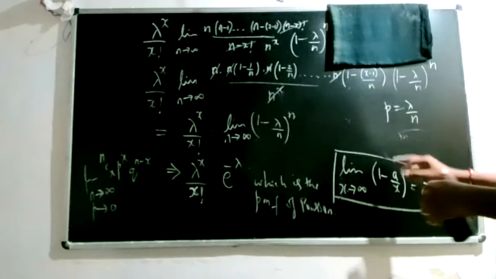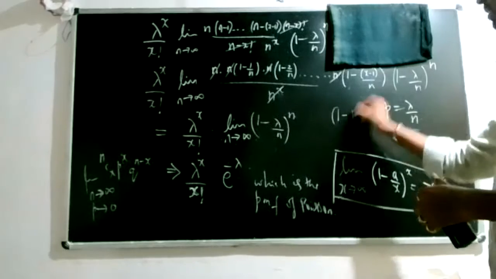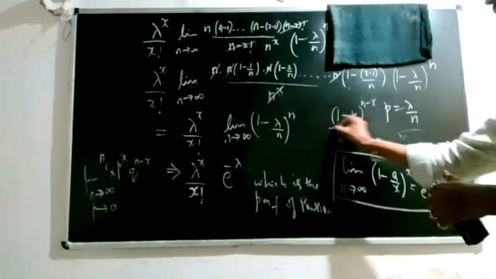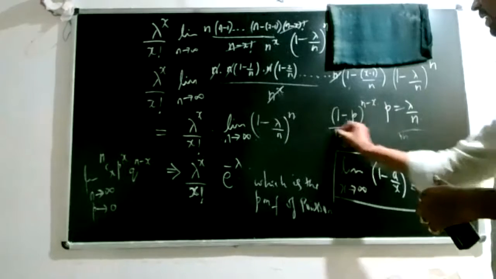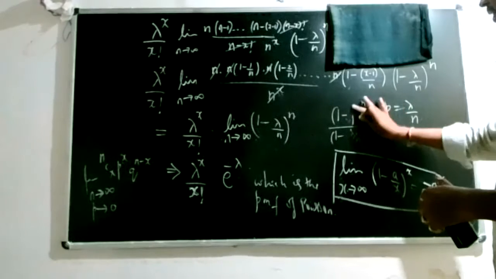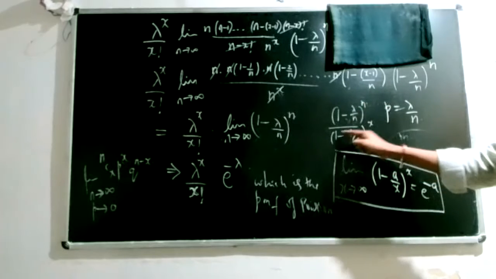Next step, you split the power. So you have 1 minus p to the power of n minus x. You write that as 1 minus lambda by n to the power of n divided by 1 minus lambda by n to the power of x. And when you put n tends to infinity for this, it becomes 1.